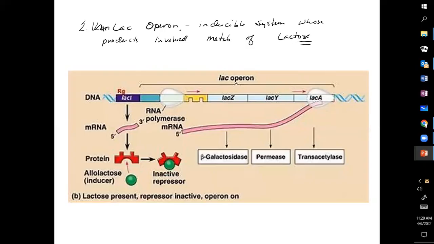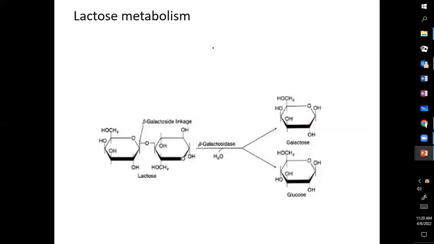So the lac operon codes for genes that are involved in lactose metabolism. So let's take a look at lactose metabolism. Lactose is a disaccharide of glucose and galactose held together by a glycosidic linkage.